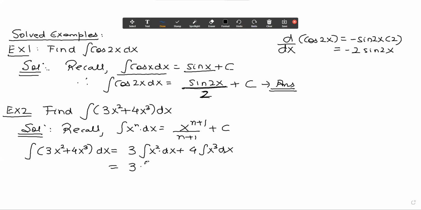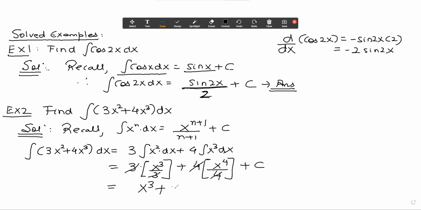The integral of x square is x cube by 3, plus the integral of x cube is x to the power 3 plus 1, which is x to the power 4 by 4, plus c. So this will be x cube plus x to the power 4 plus c. This is my answer.